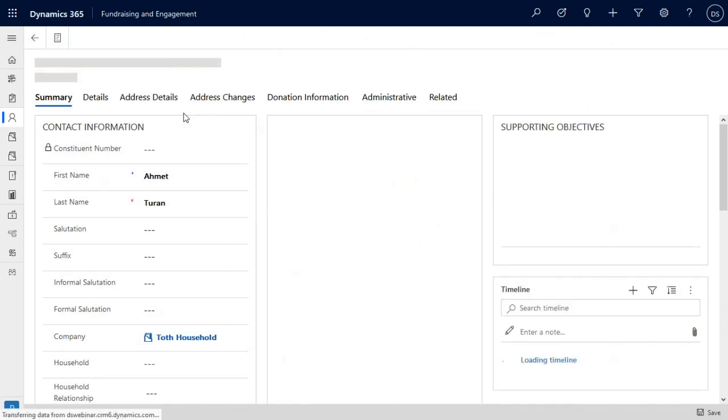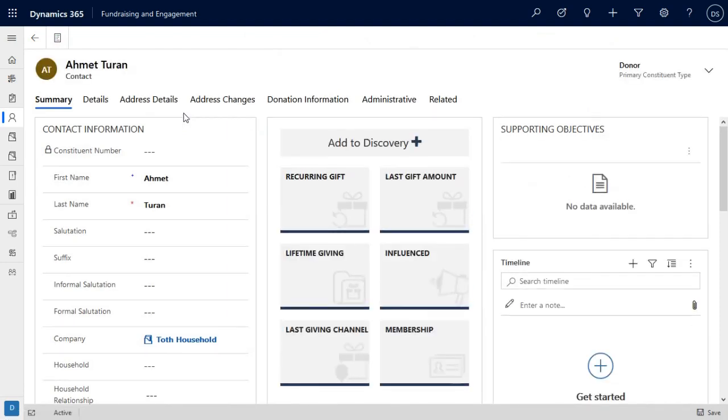I have been working with NFPs for about a couple of years now, and I have implemented Microsoft Dynamics fundraising and engagement solution projects. Working with them, I have seen that many times it is really difficult to manage the donors, to be on top of their donations, and to keep in touch with them.